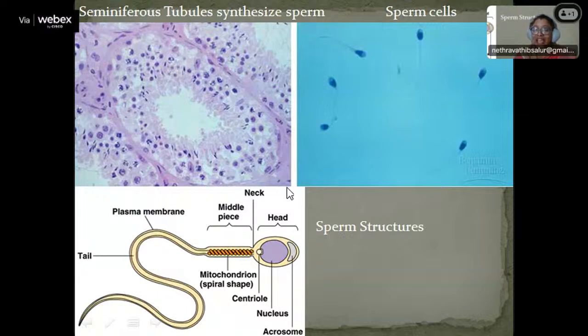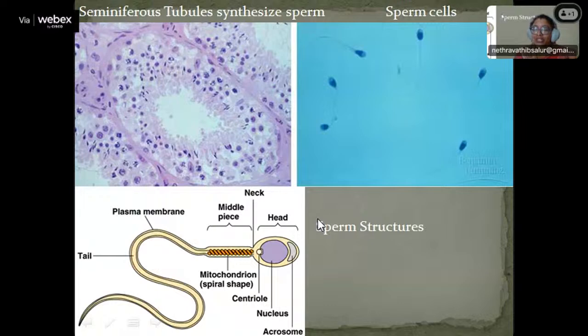The middle piece has the mitochondria which are arranged spirally, which provides energy for the motility of the sperm. Then we have the tail region. So this is the structure of the sperm, which can also be given for 5 marks or for 3 marks.